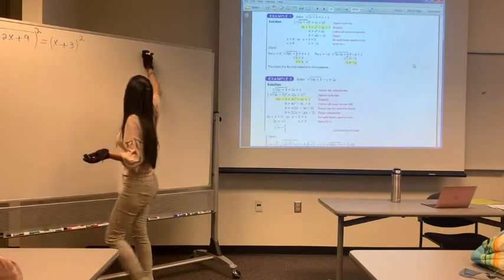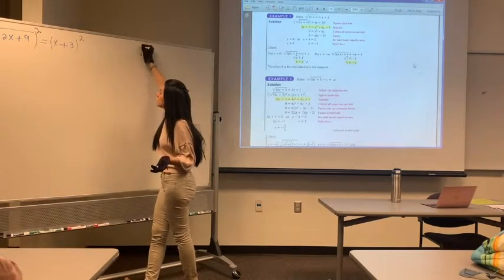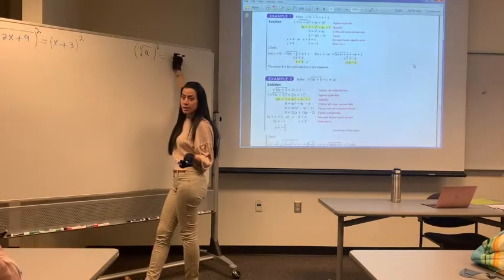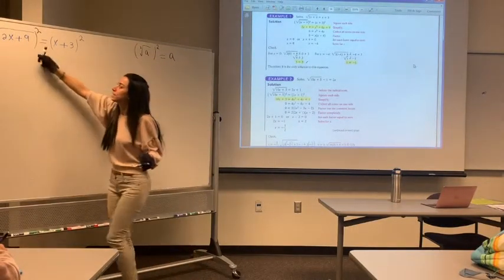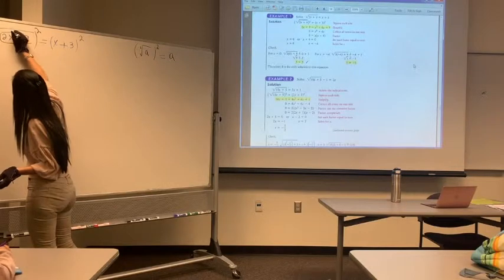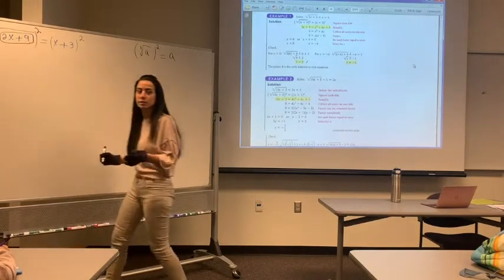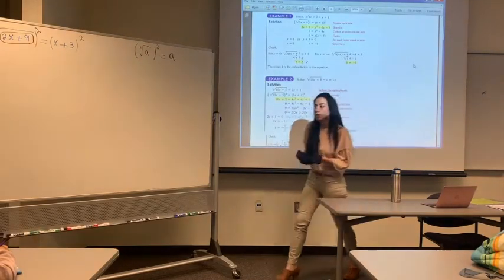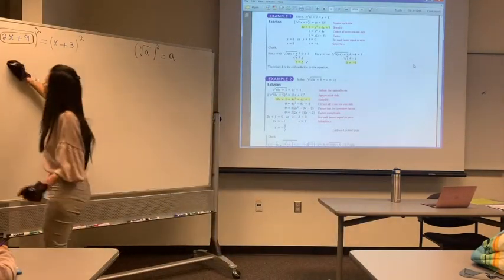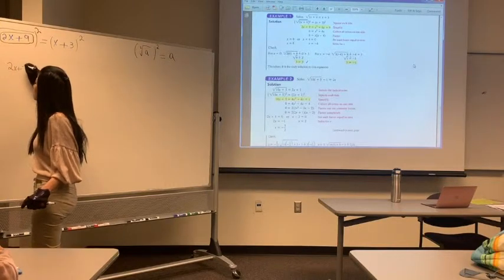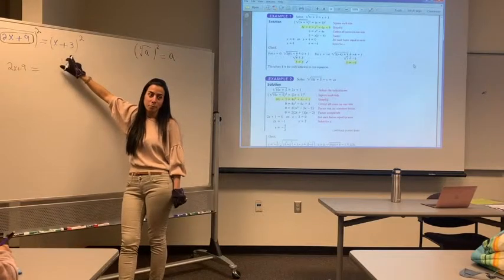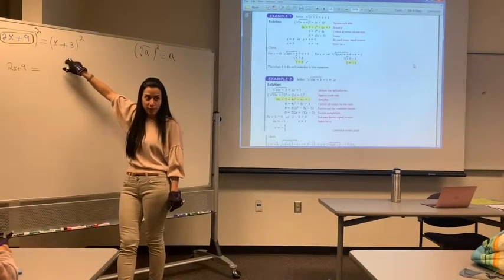because you know radical a with index 2, if we square it, a comes out, right? So with doing this, whatever we have under the radical comes out. So what comes out? 2x plus 9. But you have to calculate this one, right?